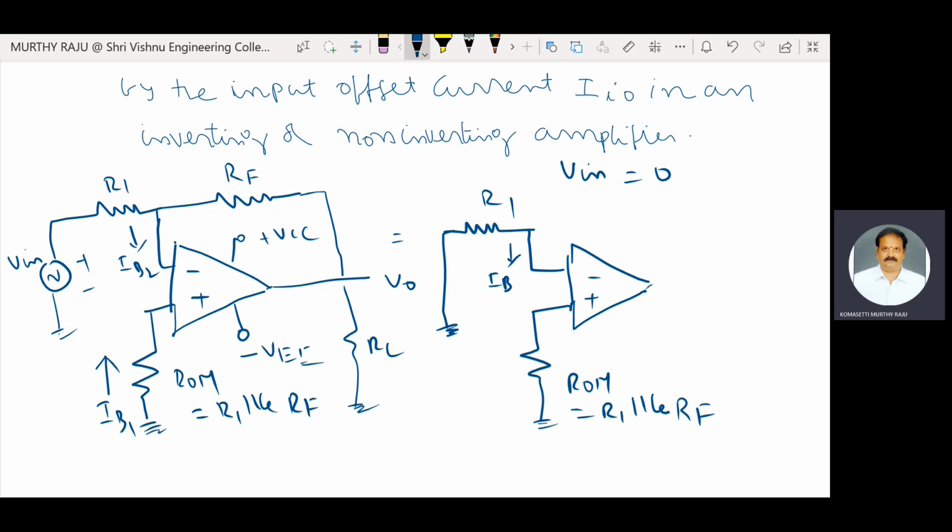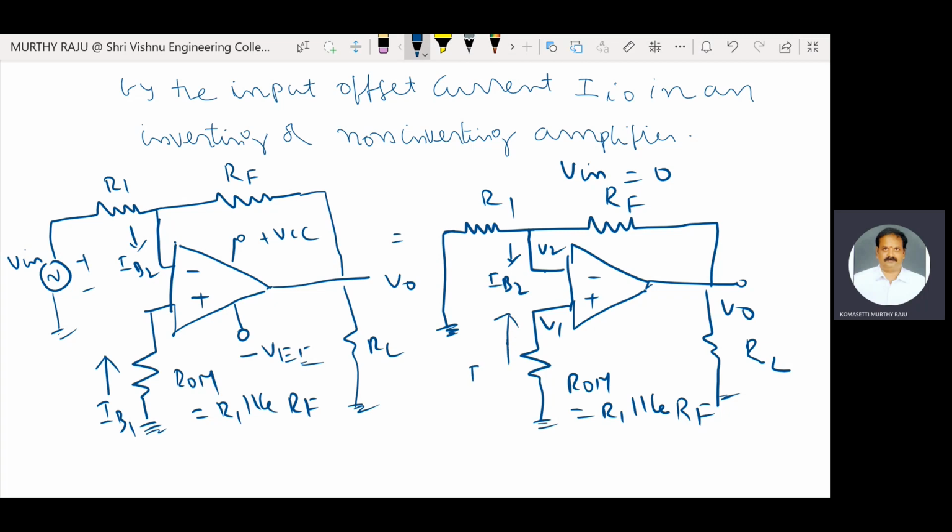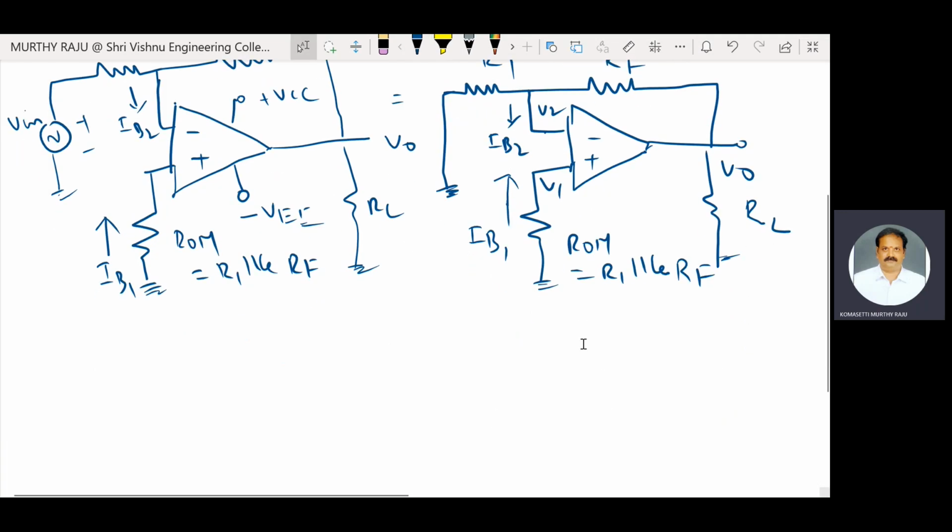This one is IB2, V1 voltage here, V2 voltage, V0, RF, this one is RL. IB1 current flows through the ROM resistance. This is the inverting amplifier.